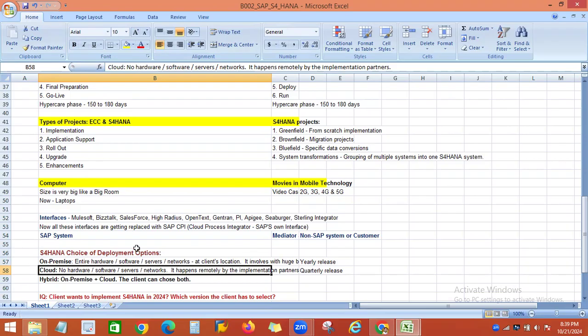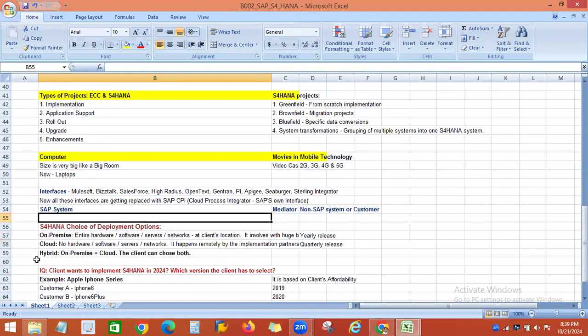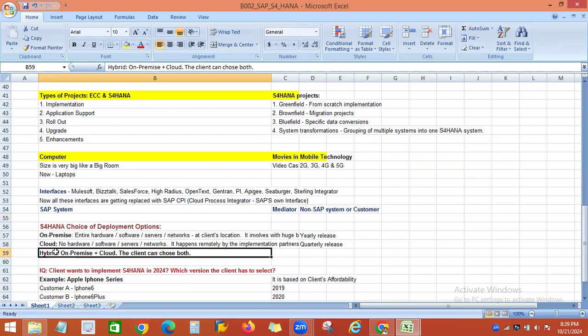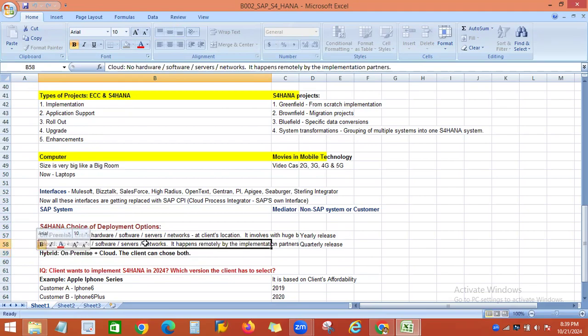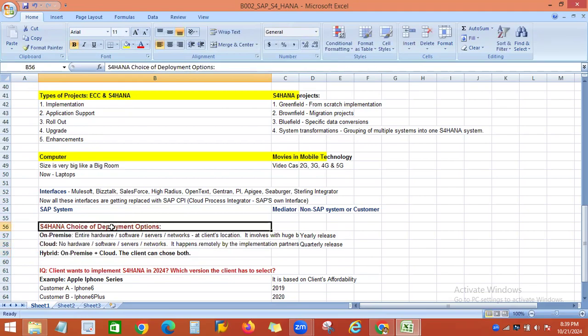Also, regarding the database, we have the option to save the data either on-premises or on the cloud. The client can choose both options, so because of that, the third option is hybrid. So what are the deployment choices available in SAP S/4HANA?